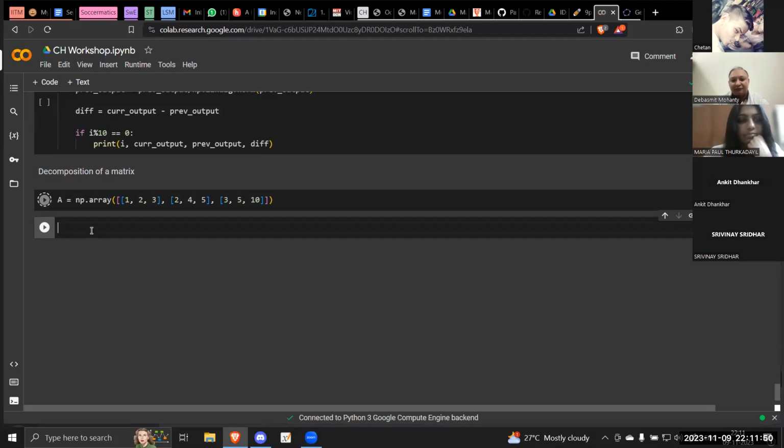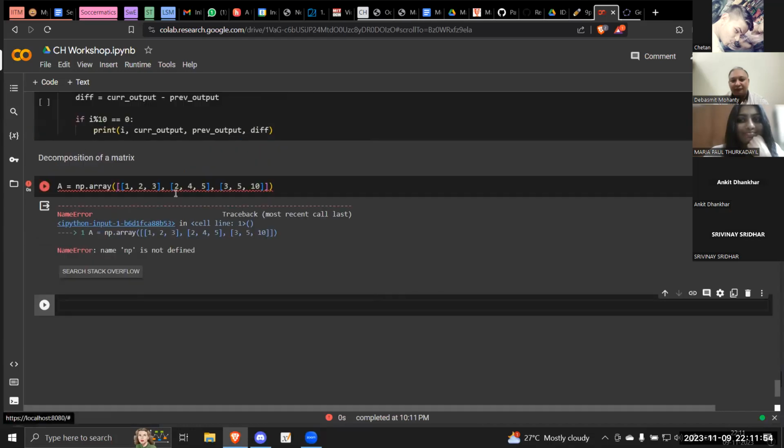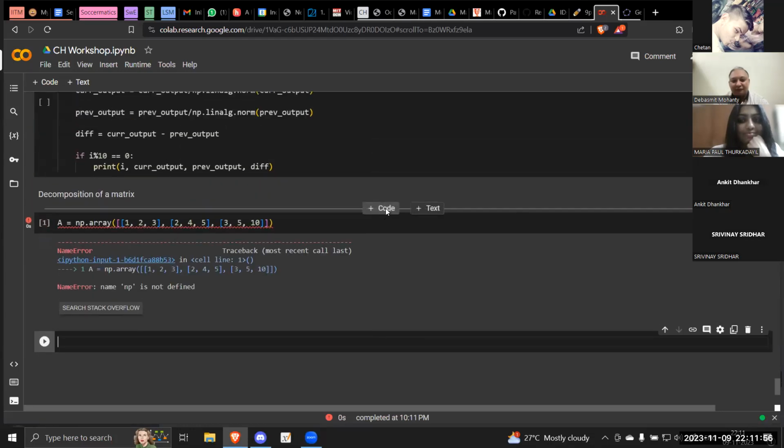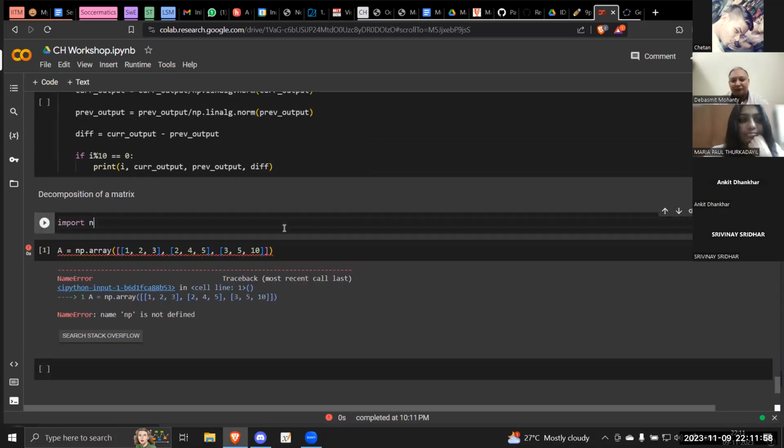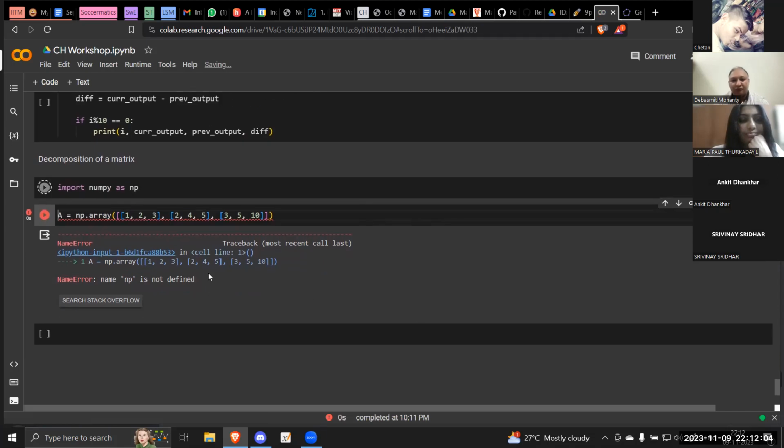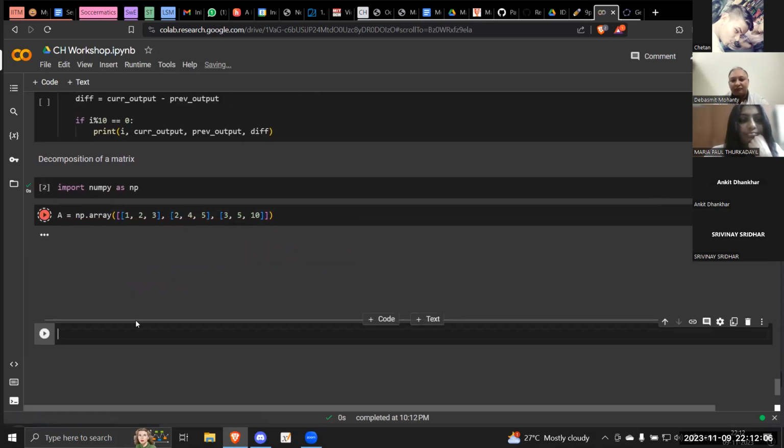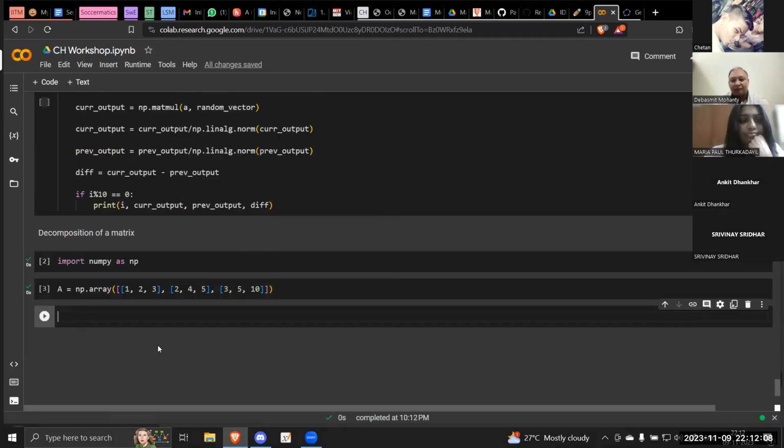Is there a NumPy function to decompose a matrix?